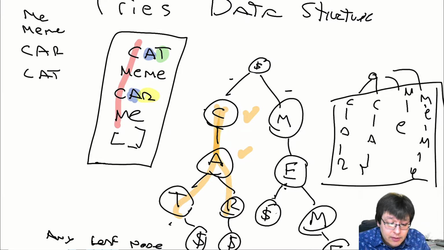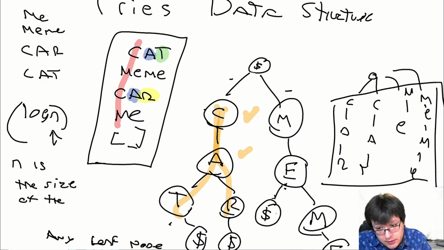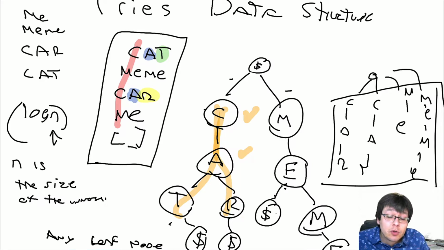If we sort that out, then we can identify if car is a valid word by using binary search, and that's going to take log n time. And this is important, n is the size of the universe, meaning the size of the total number of words that we have.